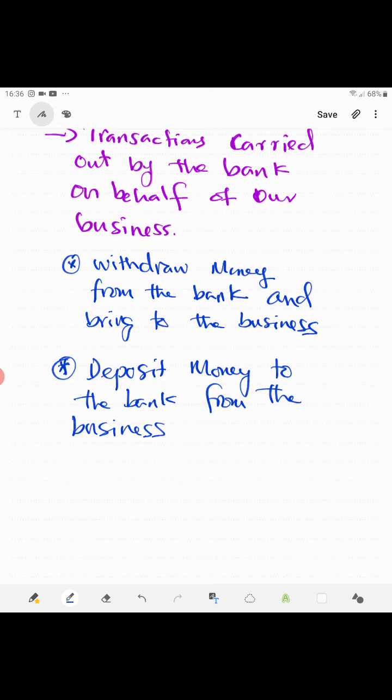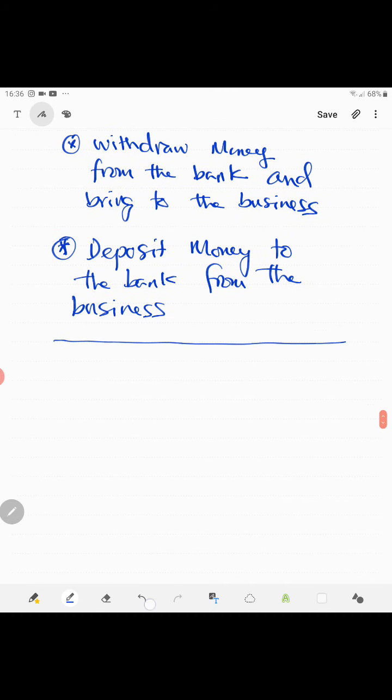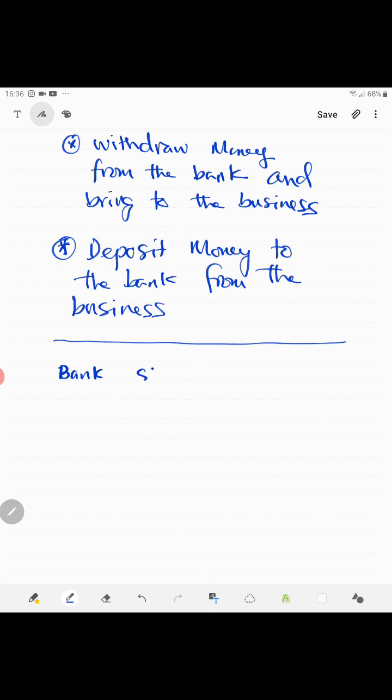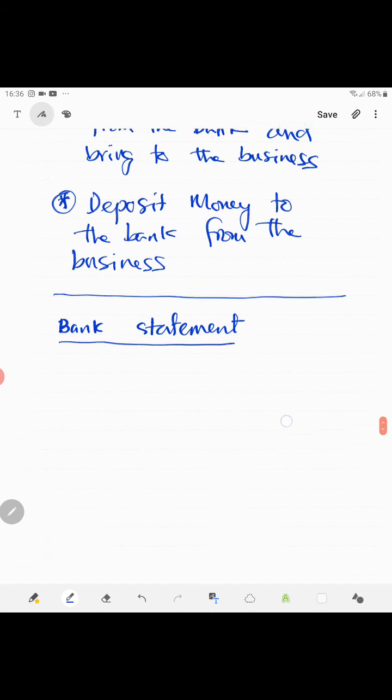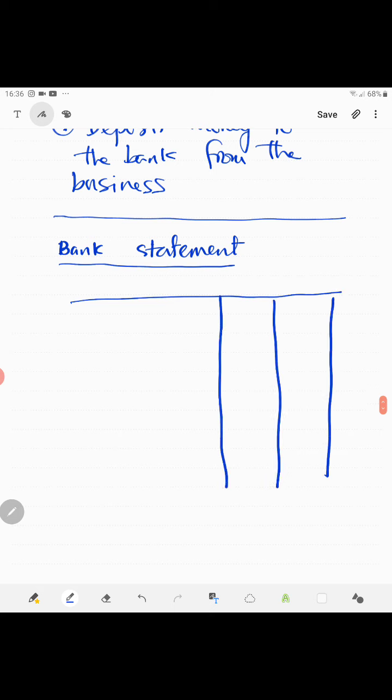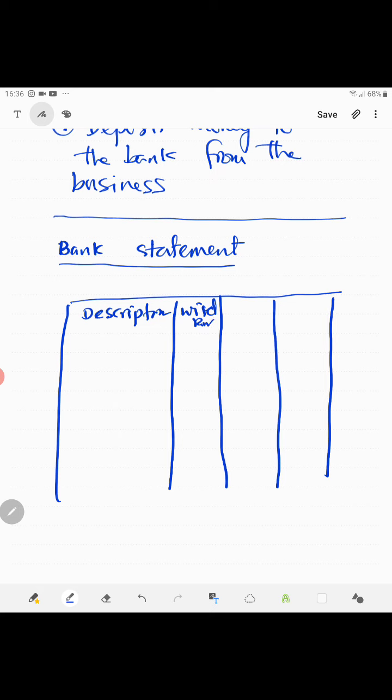Now, on the other hand, the bank will issue a statement known as a bank statement. Generally, a bank statement looks like this. It will have four columns: description column, withdrawal column, deposit column, and balance column.